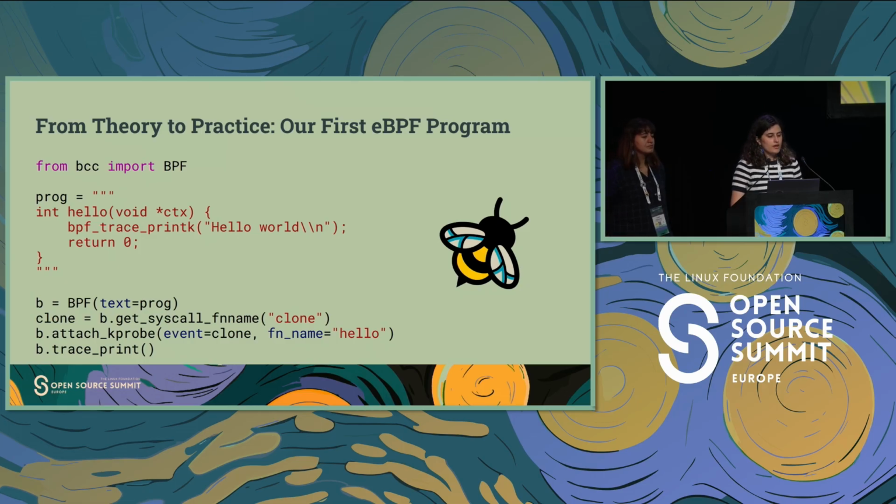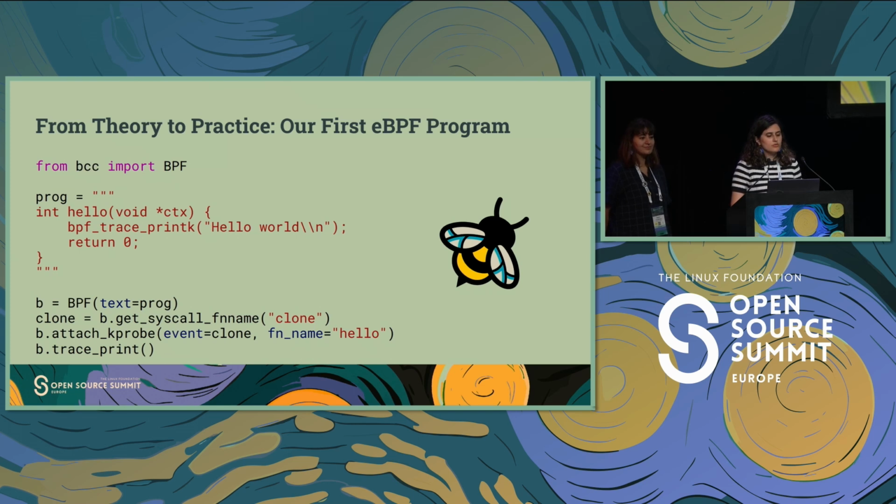Then we define the eBPF function that we have. This is simple. We are using an eBPF helper function here called bpf_trace_printk, and then print Hello World. In the next line, we load the function that we wrote into BPF. Actually, it compiles it to eBPF bytecode and then sends it to the kernel.